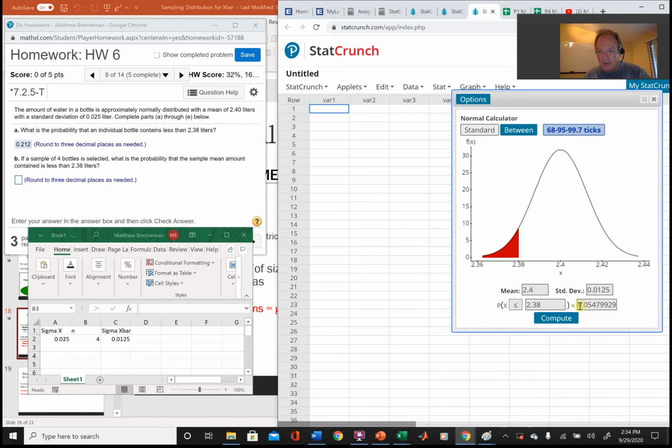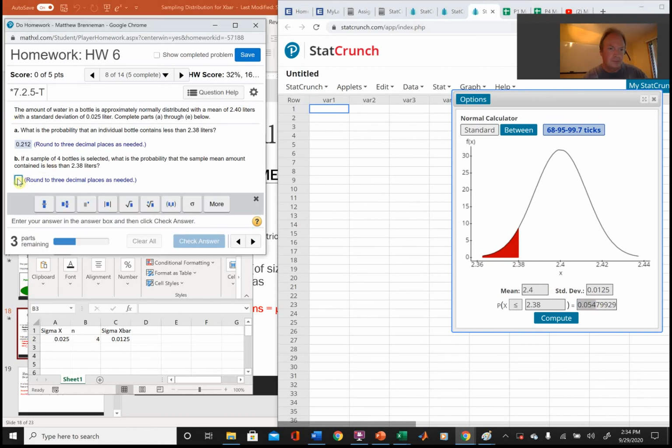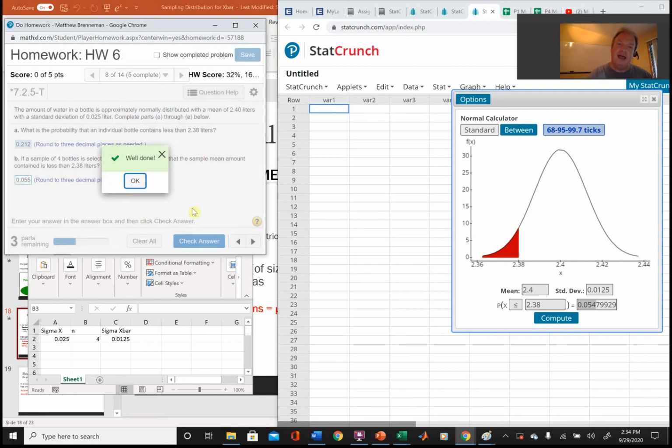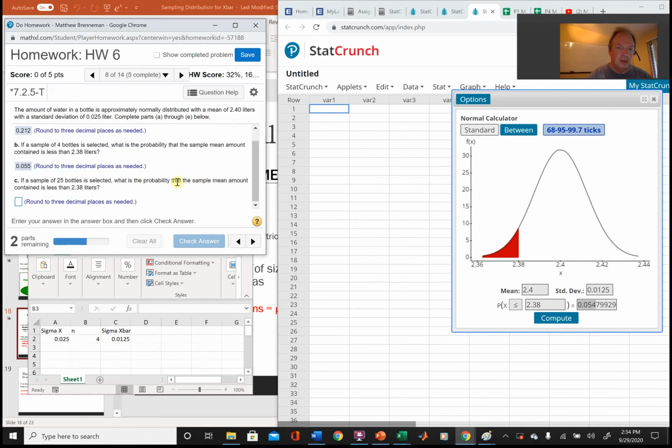And again, round it out to 3 decimal places. So this is really similar to the one that we just had before. If you had 25, you would just change this to 25 and redo the calculation over again.